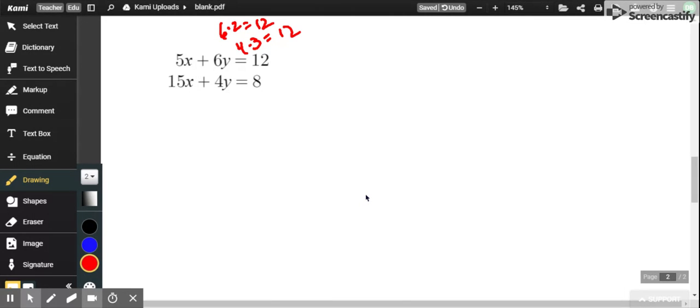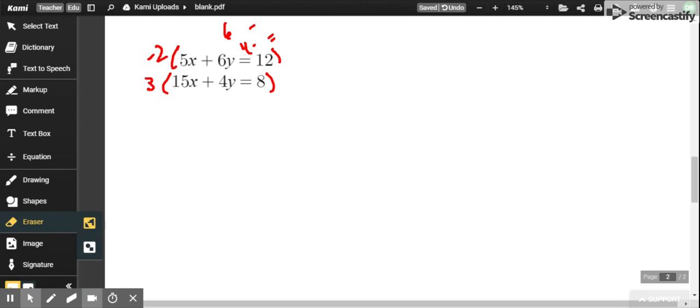I'm going to pick the top. Instead of a 6 right here, I'm going to make this a negative 12. It was 6 times 2, so I'm going to make this a negative 2. So the top one, I'm going to multiply the whole equation by a negative 2. And the bottom one, I had the 4 and it was times 3, so I'm just going to leave that positive, because I want it to be positive. So it's going to be positive 3 to the entire equation.